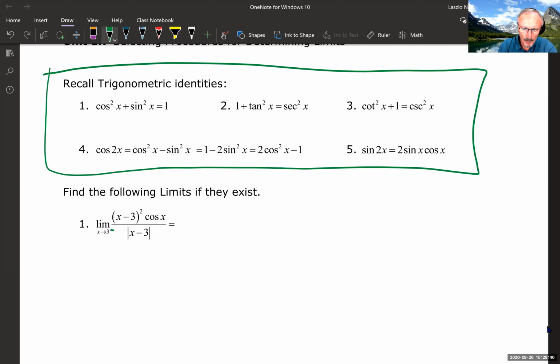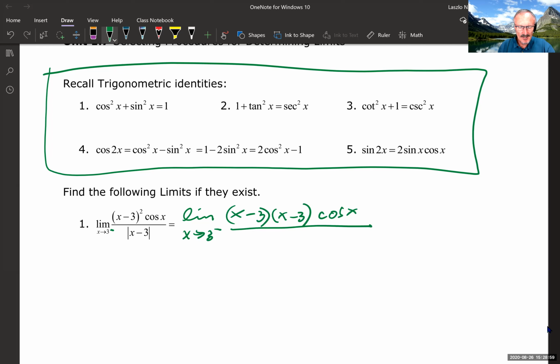And so at this point, what we have here is the limit as x approaches 3 from the left. And we have x minus 3 times x minus 3, and we have the cosine of x over the absolute value of x minus 3. Now, if this is a left-hand limit, the absolute value of x minus 3 is going to be, of course, the opposite of x minus 3 whenever x is less than 3.